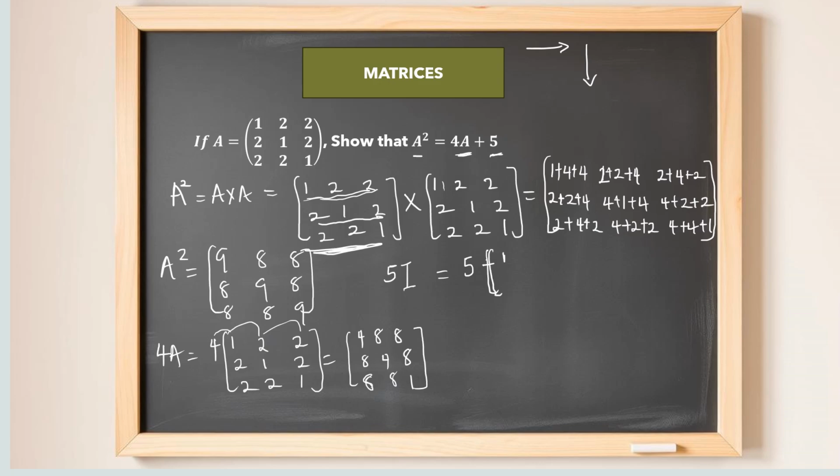That means the diagonals are going to be 1 and the off diagonals are going to be 0. This is how it looks. And if your 5 is multiplying this, here we're going to have 5, 0, 0, 0, 5, 0. The off diagonals are going to be 0, and the diagonals are just going to be 5.